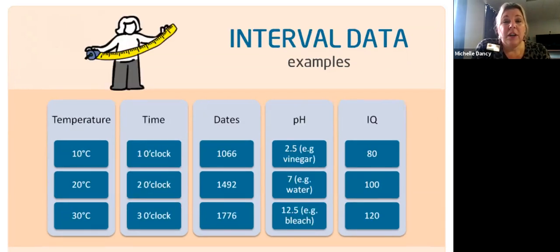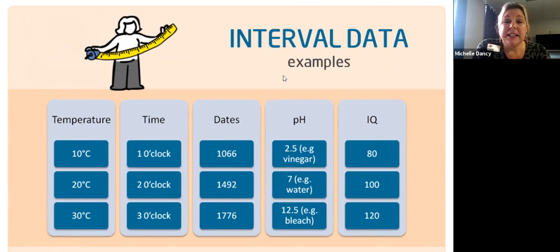What about interval? Remember, interval can be ranked, but there is no true zero. There's a meaningful difference though. So temperature: 10 degrees, 20 degrees, 30 degrees. We know there's exactly 10 degrees between those. So there is a meaningful difference, but no true zero.